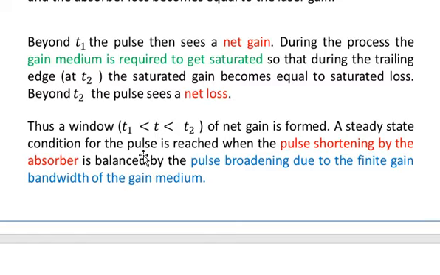A steady state condition for the pulse is reached when the pulse shortening by the absorber is balanced by the pulse broadening due to the finite gain bandwidth of the gain medium. This is what we have also discussed, the shortening and the broadening and the generation of steady state pulses when we were talking about the fast saturable absorber technique.